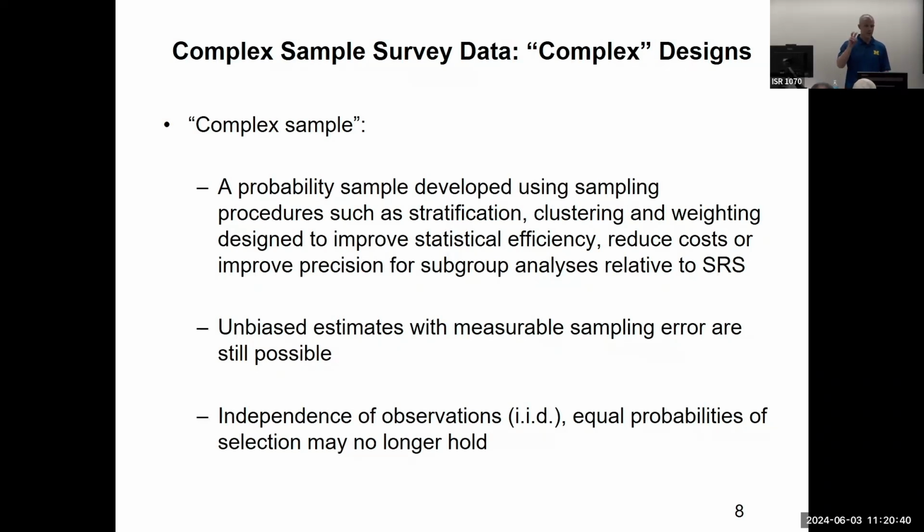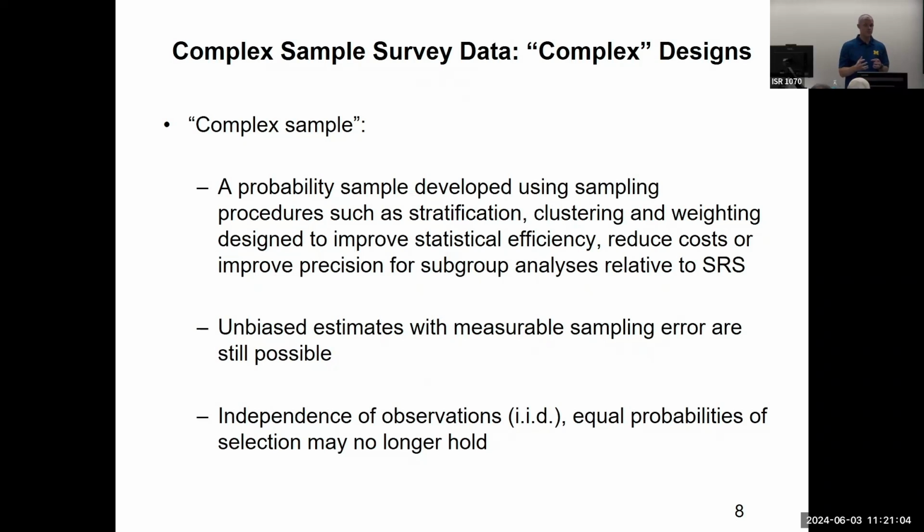Second key feature of complex sample designs, cluster sampling. You're not randomly picking elements from a list of the population like you would in simple random sampling. Instead, you're sampling clusters of elements from some list of many clusters. These could be schools, businesses, hospitals, neighborhoods, enumeration areas.